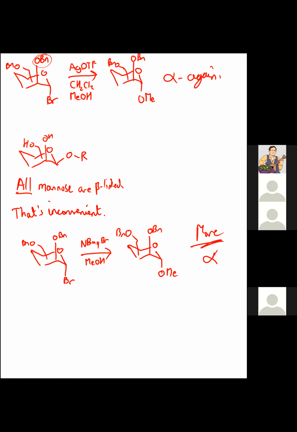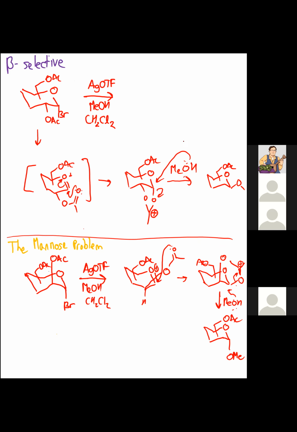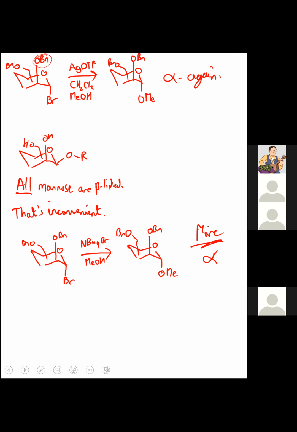But let's think mechanistically. What mechanism would give us beta? Because what we have here is an oxocarbenium, twisted chair, maybe. And what would that do?